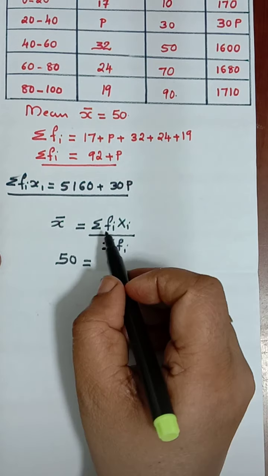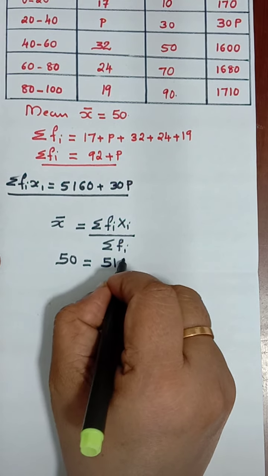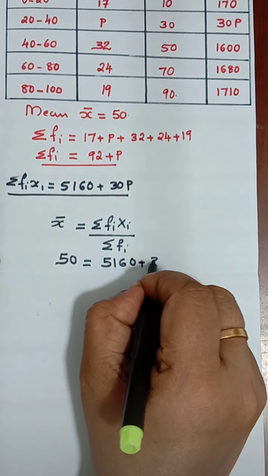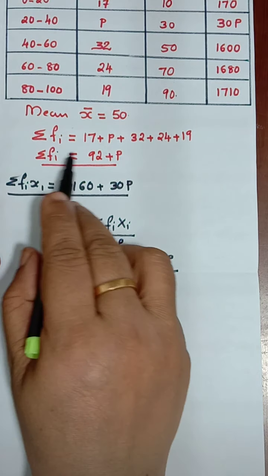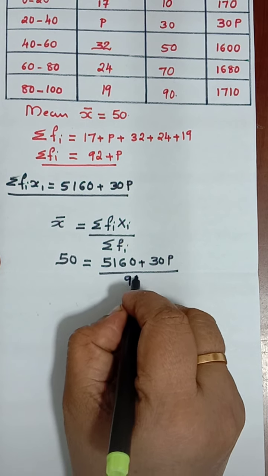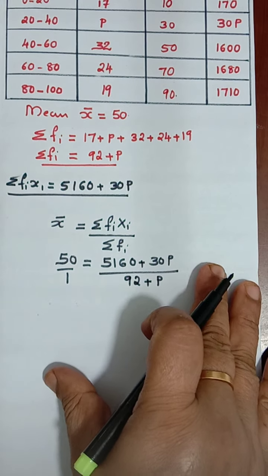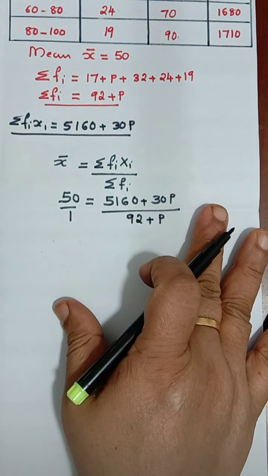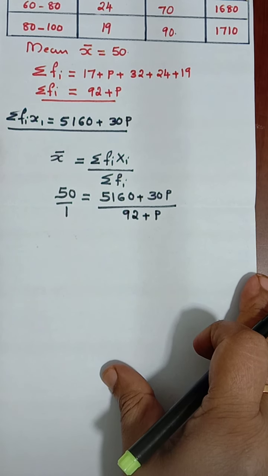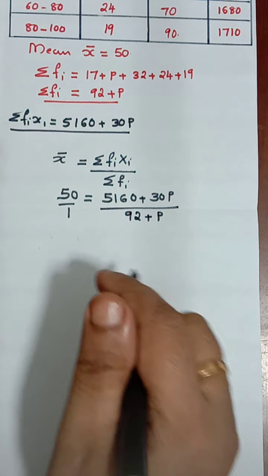Sigma fi xi we have found out, 5160 plus 30P, divided by sigma fi, which we found out, 92 plus P. So let us cross multiply. With one equation you will be able to solve it. If two frequencies are missing, then you will consider one more equation and solve.